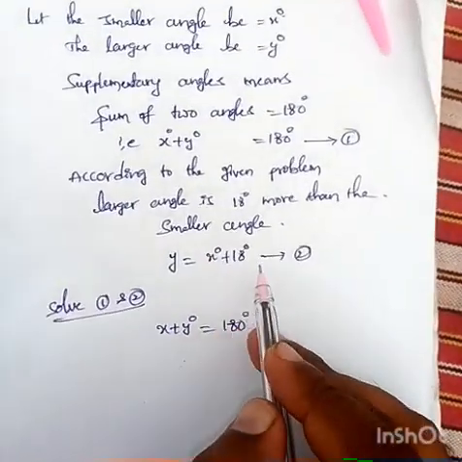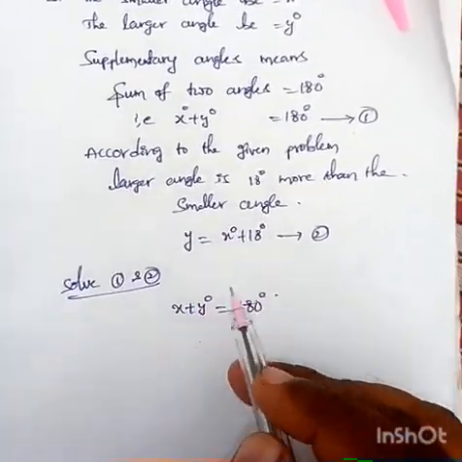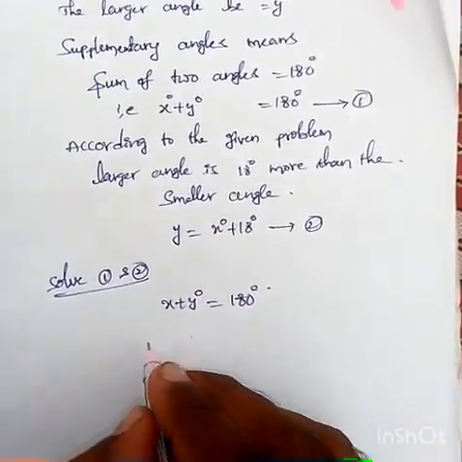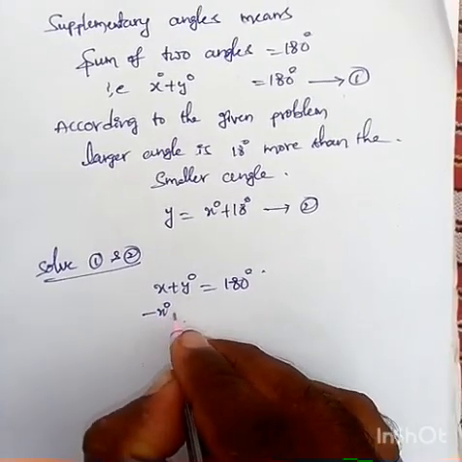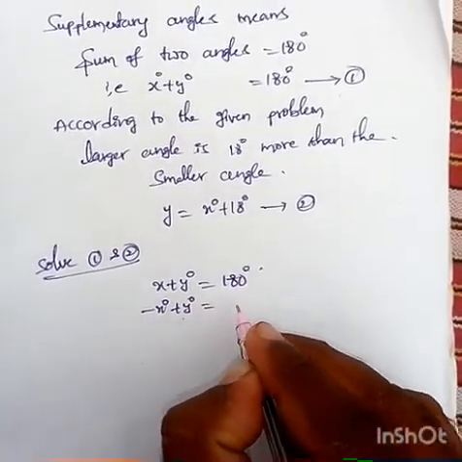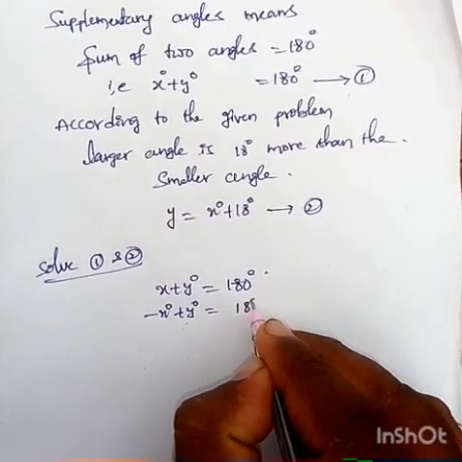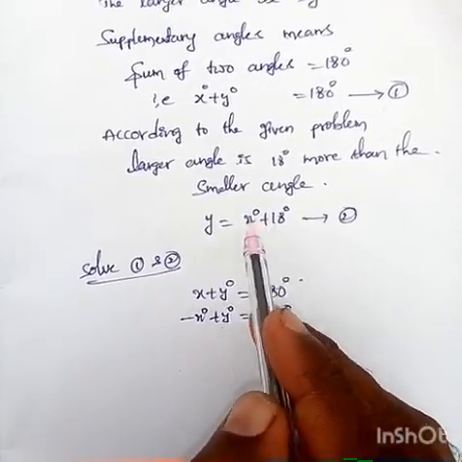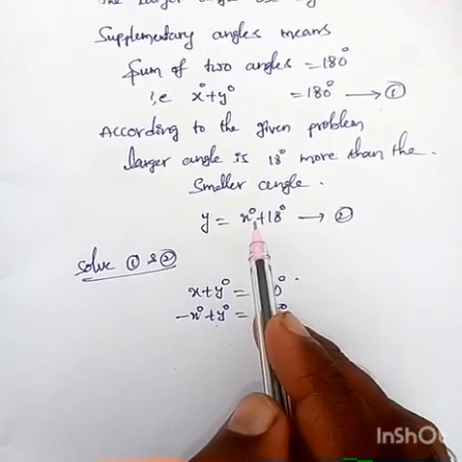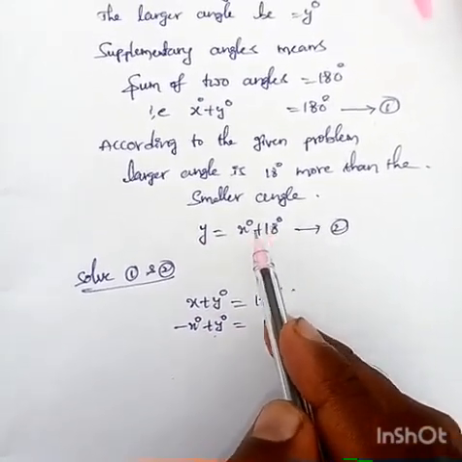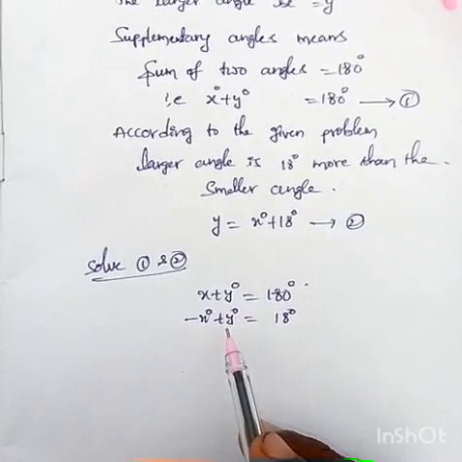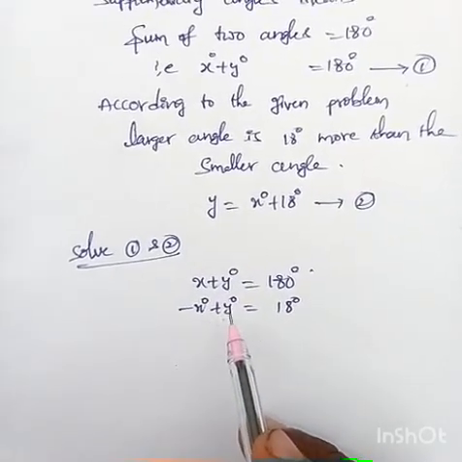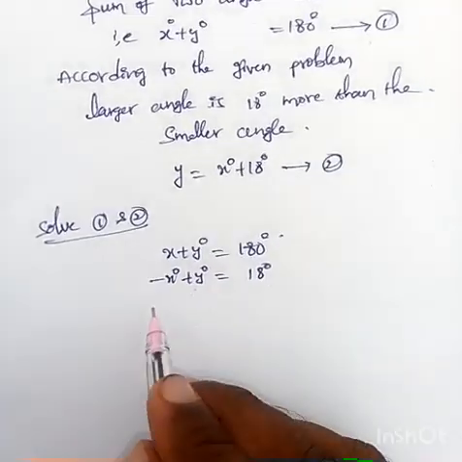We can write equation 2 in the ordered form: minus x degrees plus y degrees is equal to 18 degrees, because here I transpose the x degrees from RHS to LHS. Here the x symbol is plus, and if we transpose this it becomes minus.